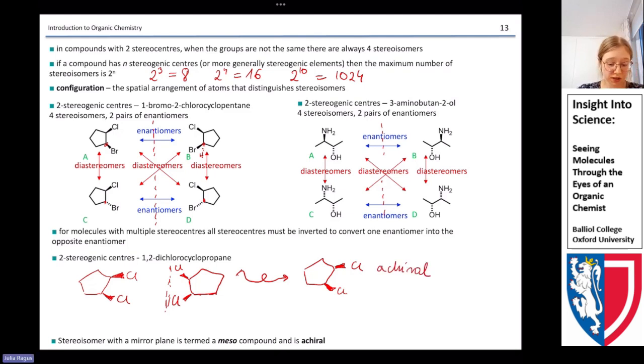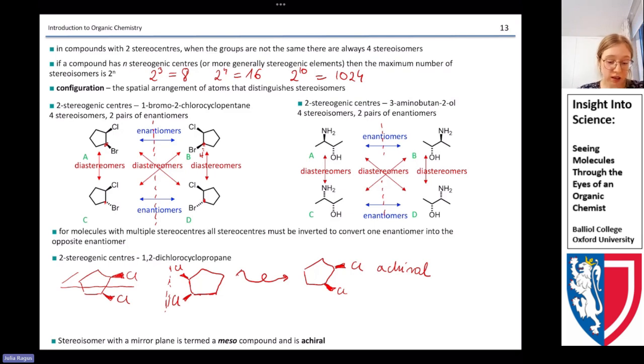And the stereoisomer that overlaps with its mirror image is called a meso compound. And also for that compound, you can see that there is a mirror plane going through the middle of the carbon-carbon bond adjacent to the chlorine atoms.